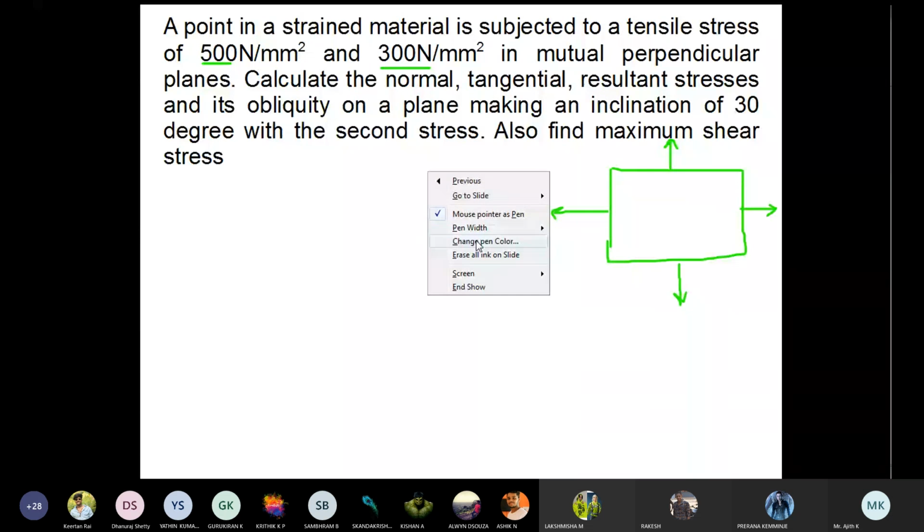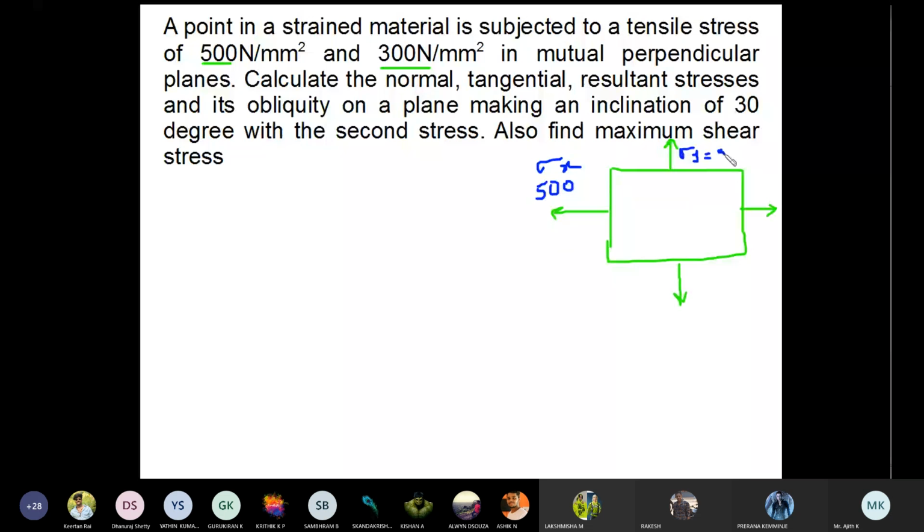Since they did not differentiate between sigma x and sigma y, we'll assume 500 Newton per mm square as sigma x, and sigma y is equal to 300. And what you have to calculate is, consider one inclined plane.